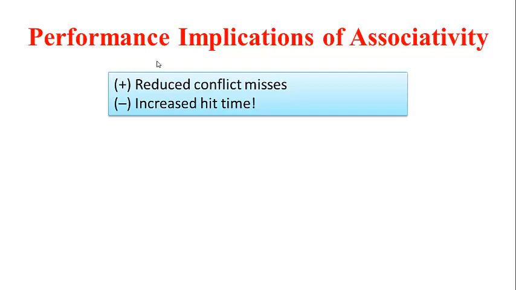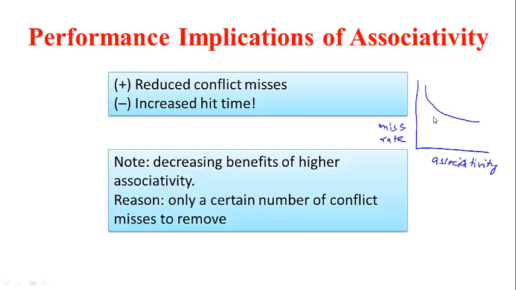Let us understand this reduction in conflict misses a little bit further. What do you think will happen to the overall miss rate as we keep increasing the level of associativity? That is, what will be the shape of the graph of the miss rate plotted against the level of associativity? With increase in associativity, the miss rate is going to decrease.